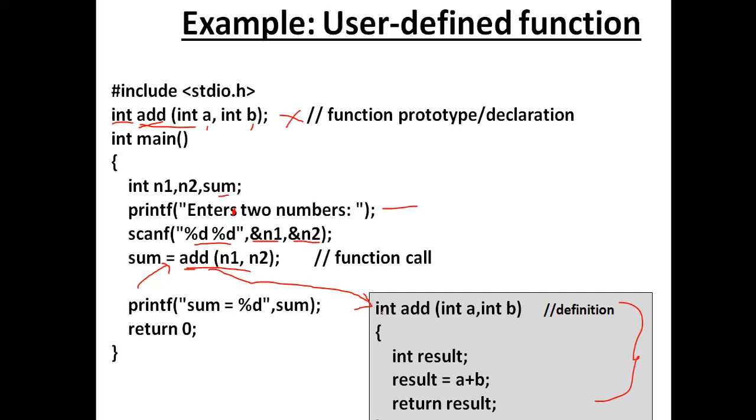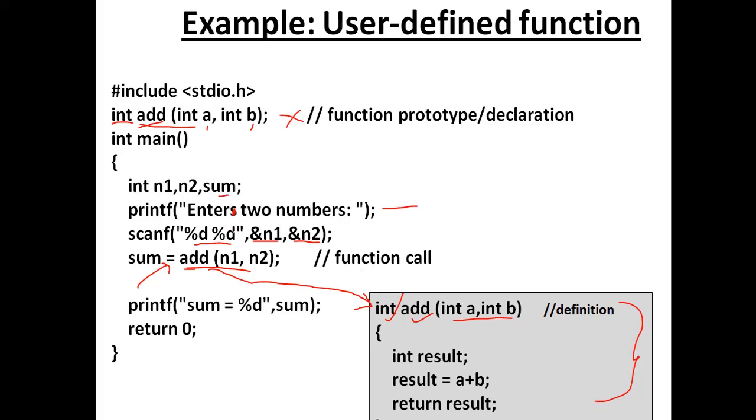What I do here, I'm following all the syntax rules to write function declaration, call, and definition. So the rule for definition was I should write the return type first. So I have written int as the return type. I have given the name of the function as add. I take two parameters or two arguments here, which are of type int.